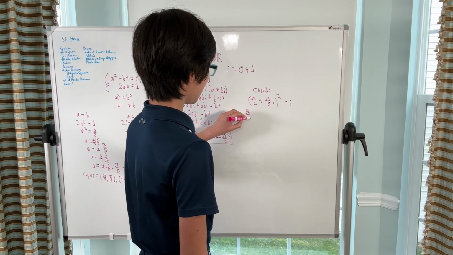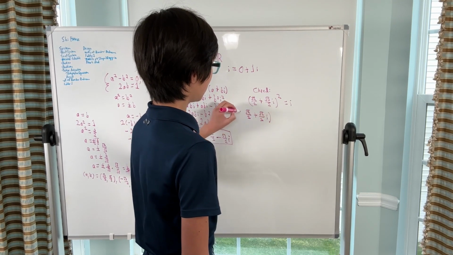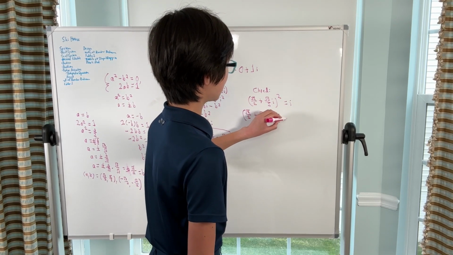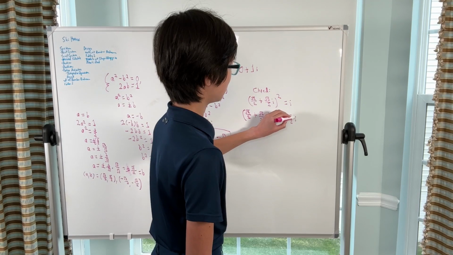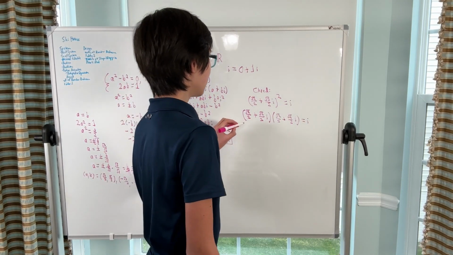So again, we can expand this as the square root of 2 over 2 plus the square root of 2 over 2i times the square root of 2 over 2 plus the square root of 2 over 2i equals i. And then we can use the distributive property.